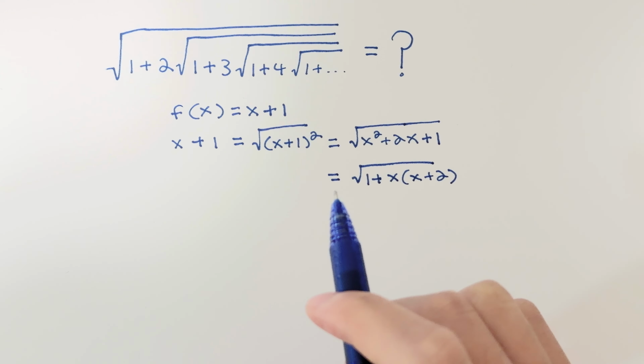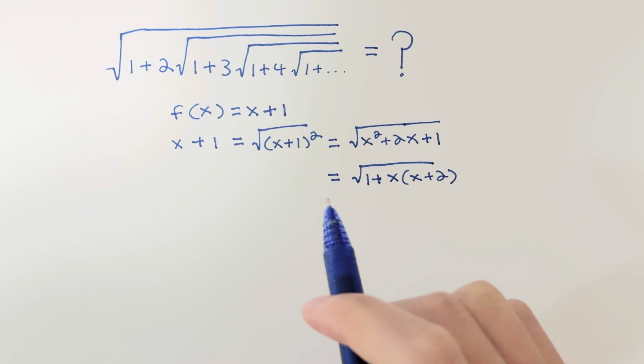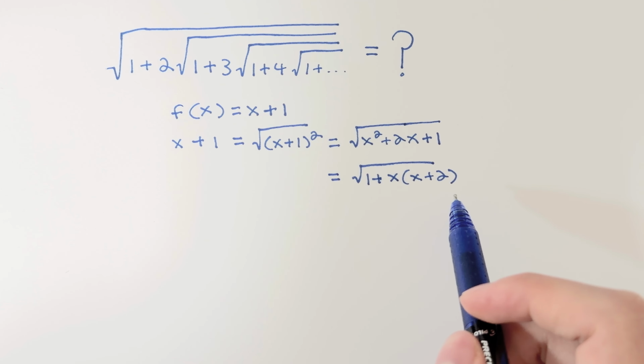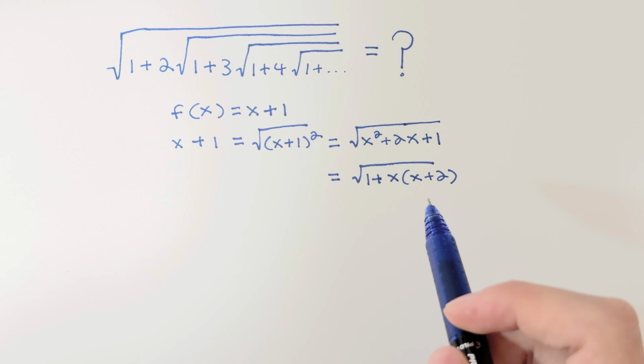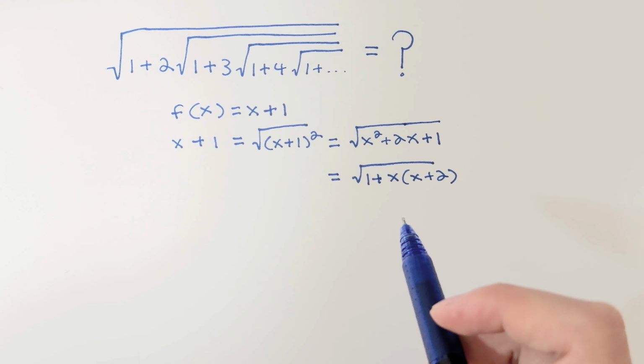Now step 2 is going to be the recursive substitution. And this is the portion where the genius of Ramanujan kicks in. We have an expression for x plus 1, but we also have a term x plus 2 sitting at the end. We can use our seed formula to rewrite x plus 2 as well.